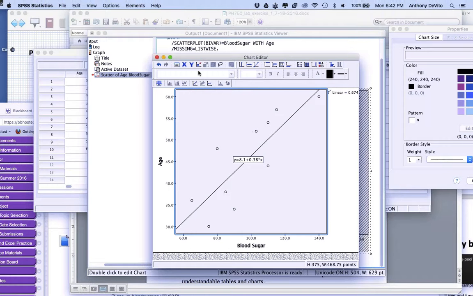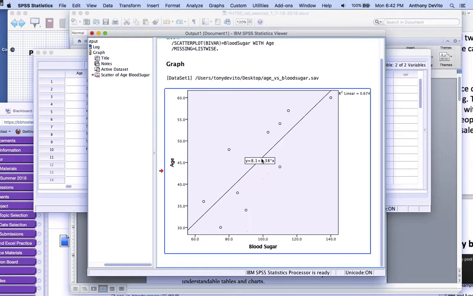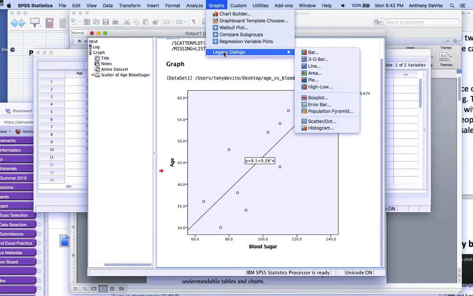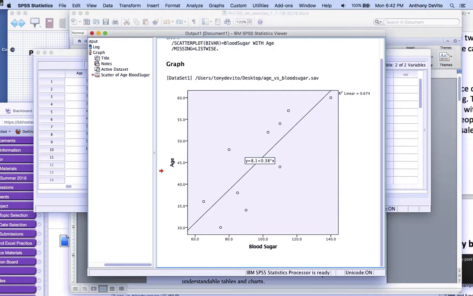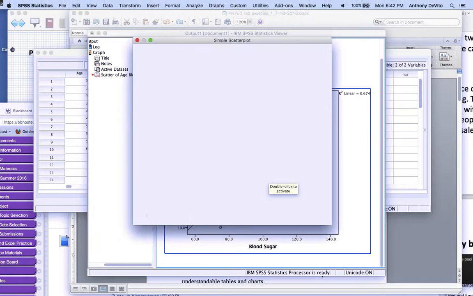Let me tell you, I was doing that so quickly that I didn't really give you a background on this. I'm going to go to graphs, legacy dialogues, scatter dot. I'm going to click simple scatter dot, define.